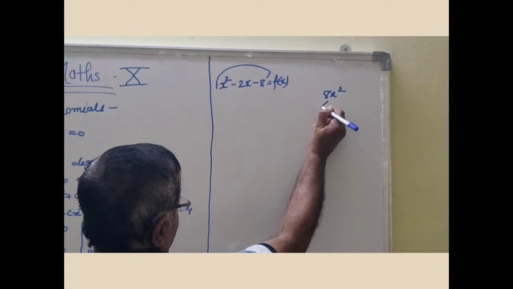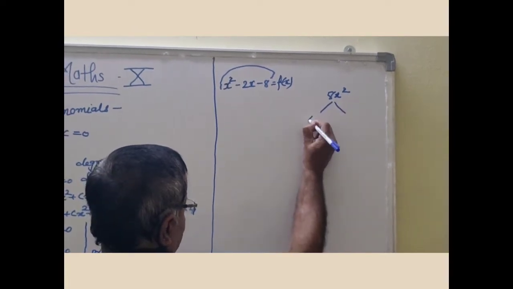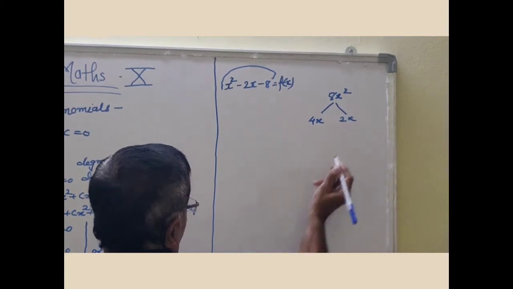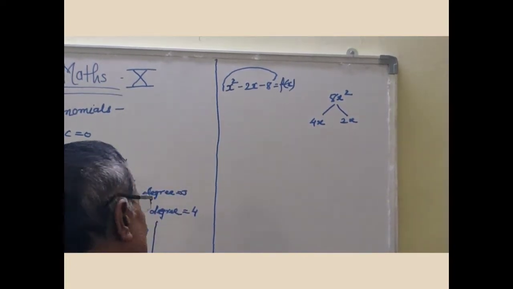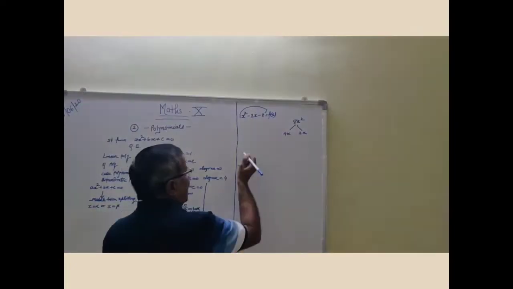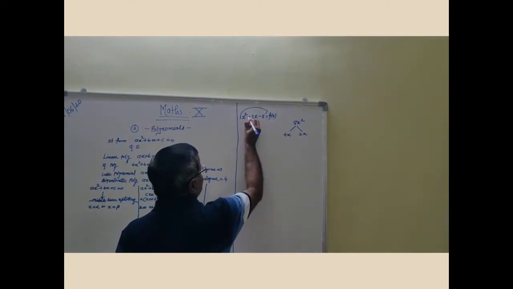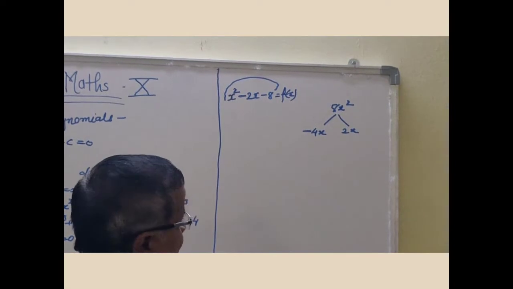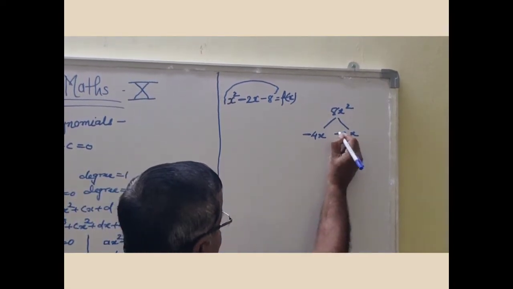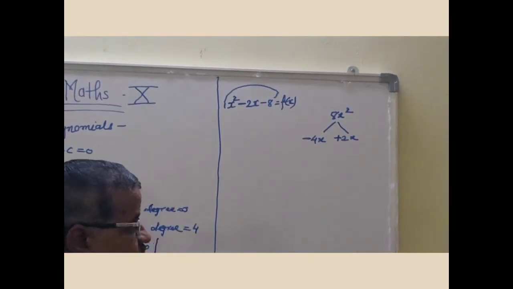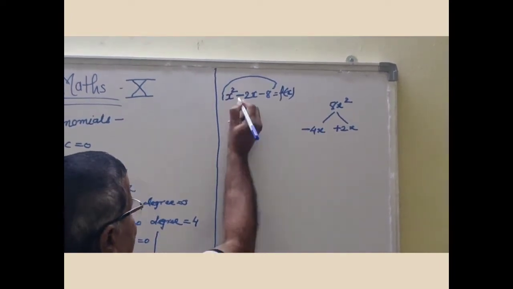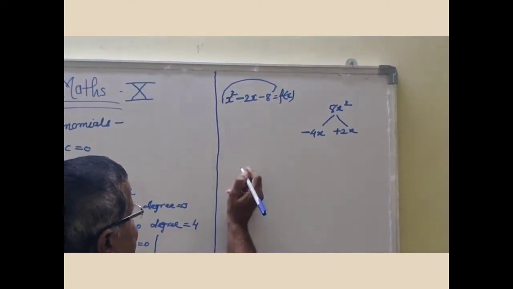Now I will split this 8x square as 4x and 2x. Now out of this, 4x is the greatest factor and the sign of the middle term is minus. Therefore I will put the minus sign to the greater number and plus sign to the smaller number. This is the rule. This is the easiest way. This sign is assigned to the greatest factor.